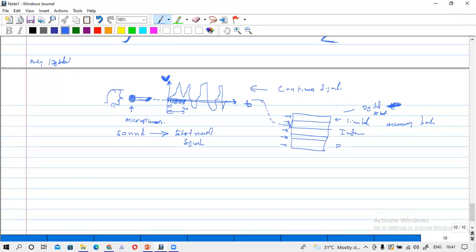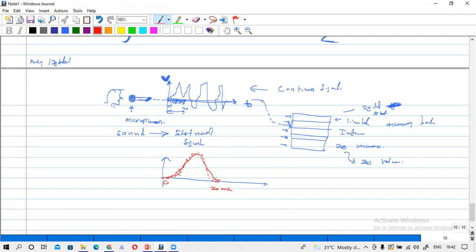There may be 20 memory banks, which means we can only store 20 voltage values. We can't store all the voltage values here.